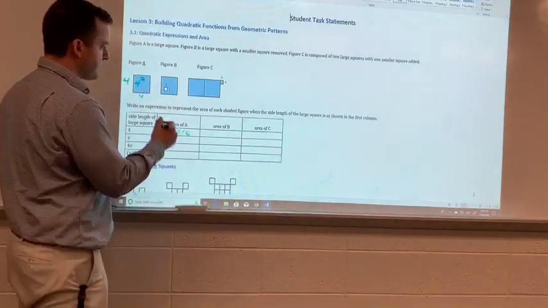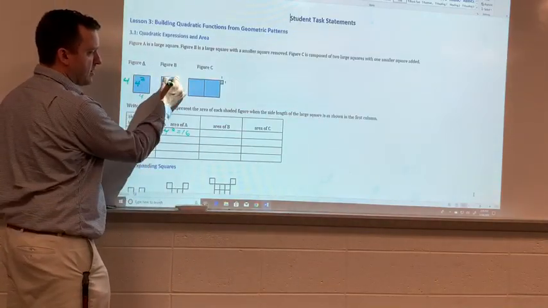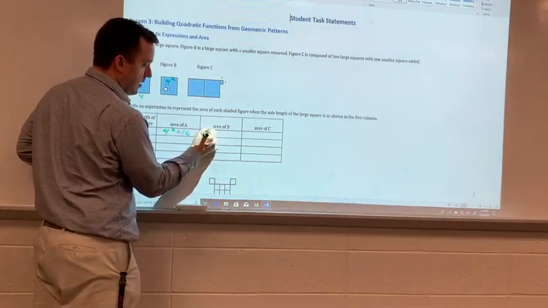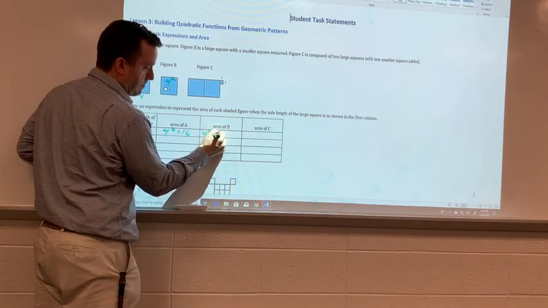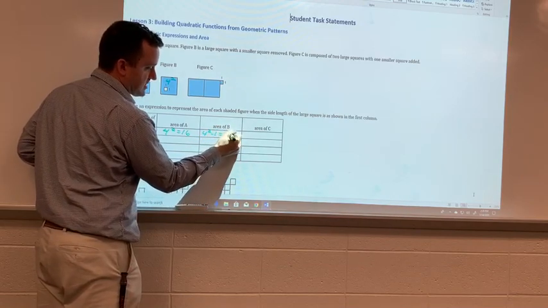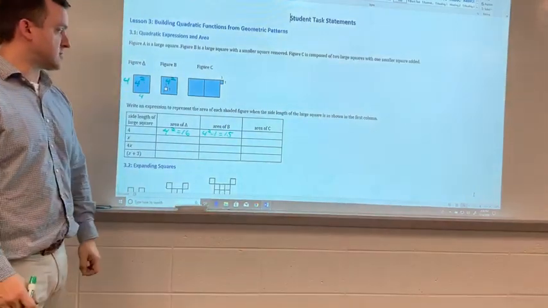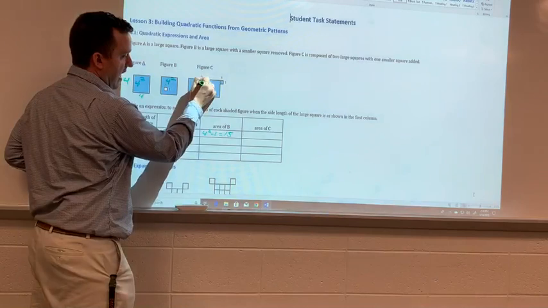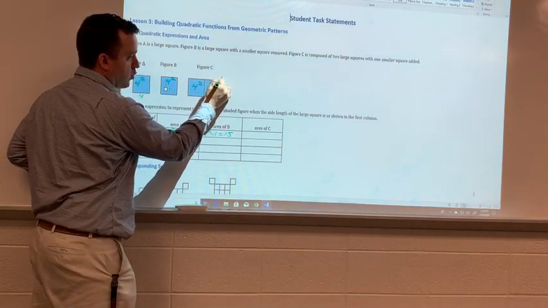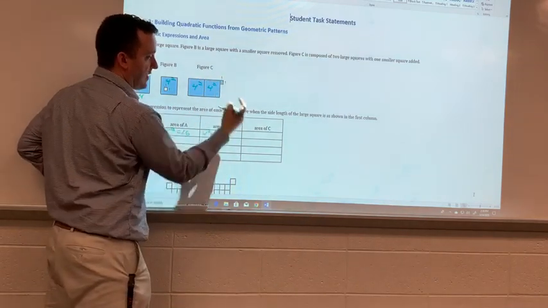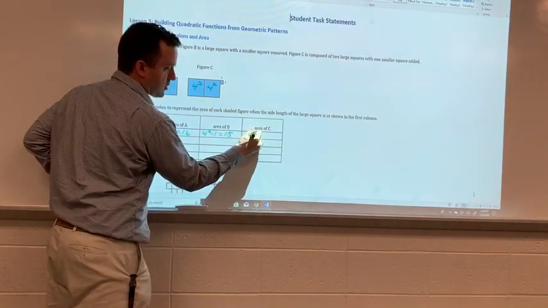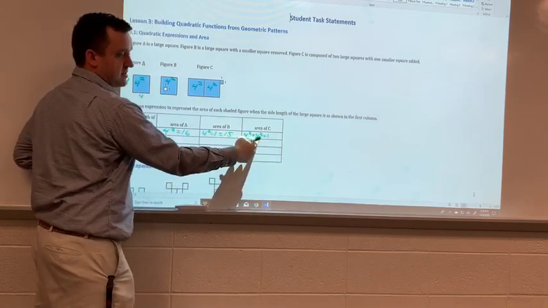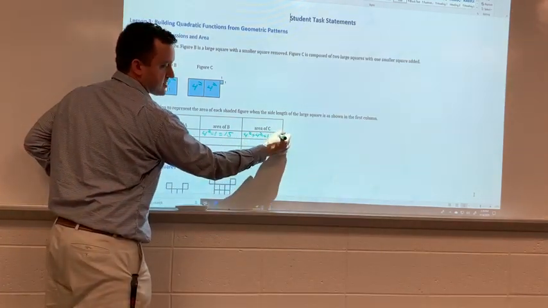Again, for B, if we are 4 by 4 here, this is 4 squared, but now I need to remove that 1 by 1 square, so it's 4 squared minus 1, which gives us 15 square units. And then for figure C, I would have 4 squared plus 4 squared plus 1, 16 plus 16 plus 1 gives us 33.